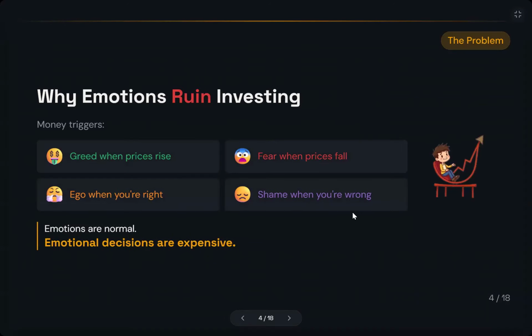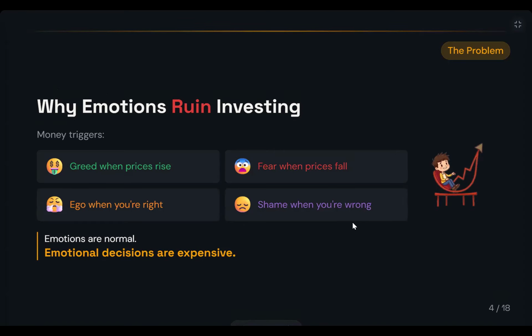Now, let me tell you why emotions ruin investing. Let's normalize it: investing is emotional for everyone because money is tied to security, status, and survival. And market triggers lead to greed when prices increase, fear when prices fall, ego when you are right, shame when you are wrong.